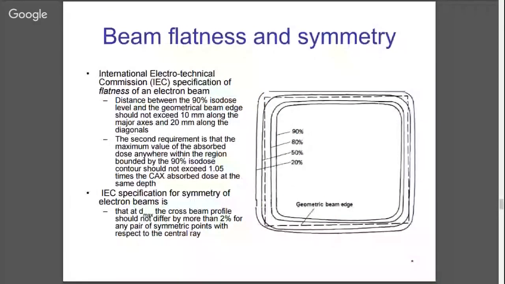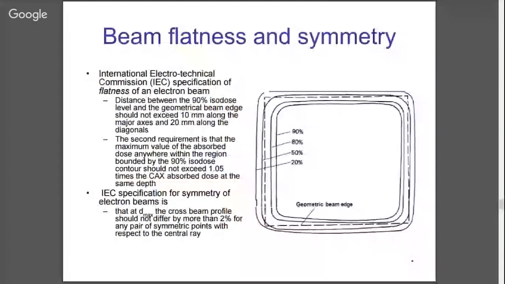This shows you how we would define flatness and symmetry for electron beams. We measure with some film, for example, and then we can parameterize our field. This dashed line is the geometric beam edge.